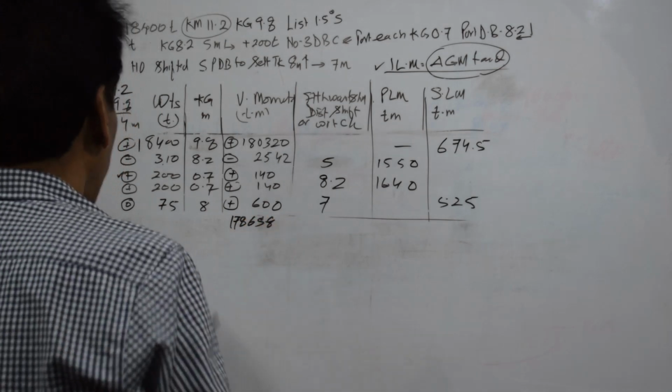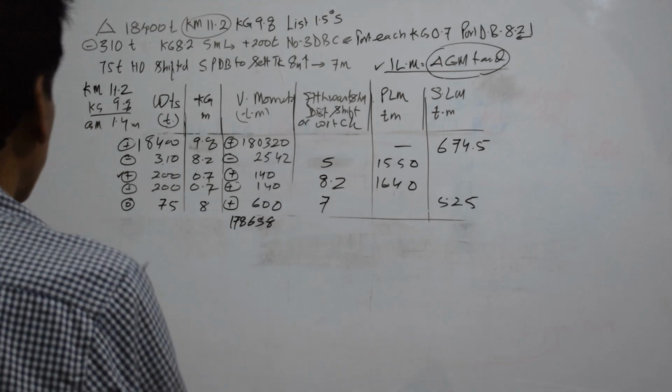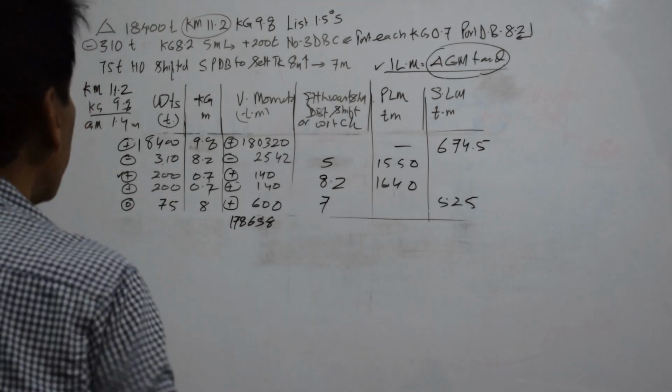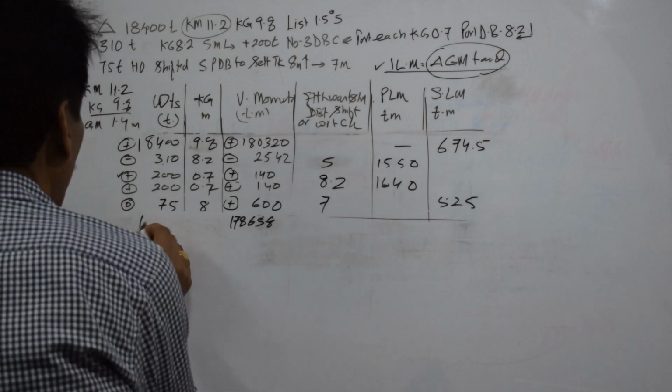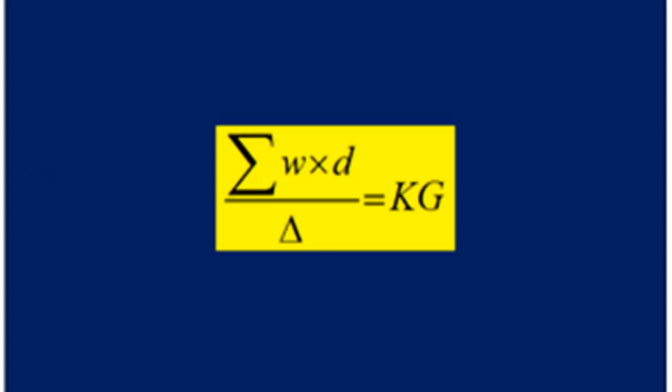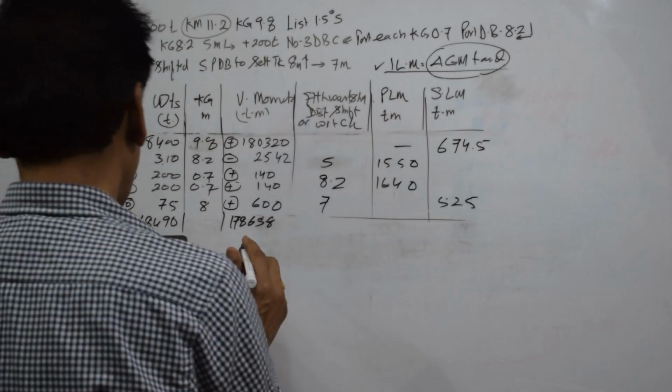The total of weights, it is 400 minus 310, that is plus 90, 75 is not to be counted, so it is 18,490. 178,658 divided by 18,490 gives me 9.662.